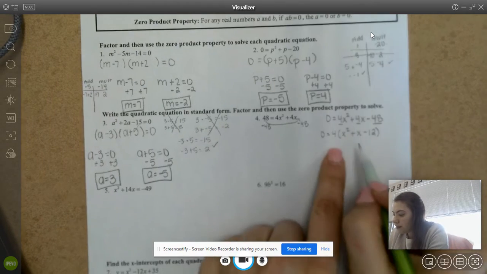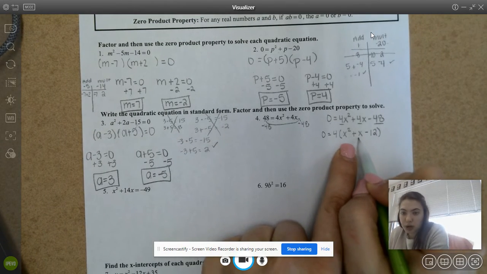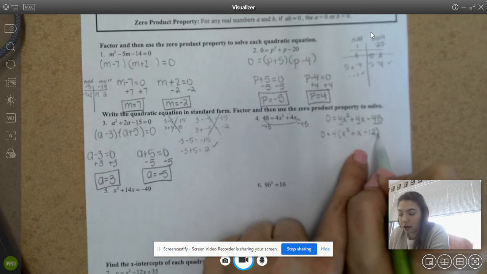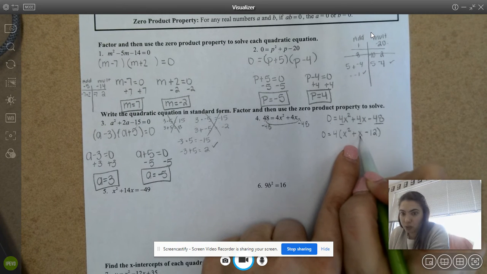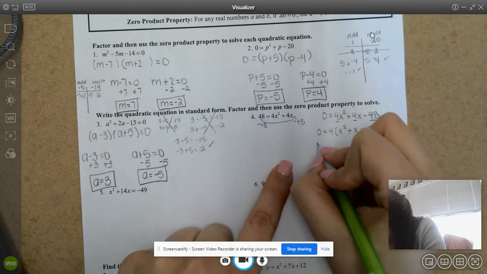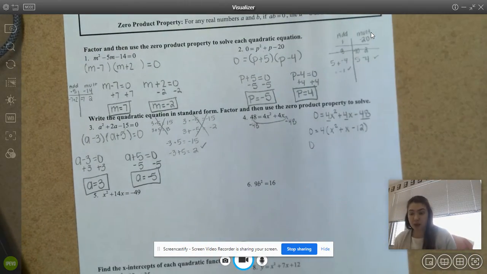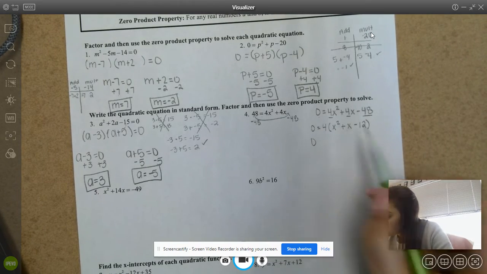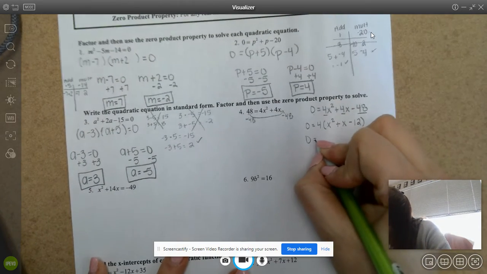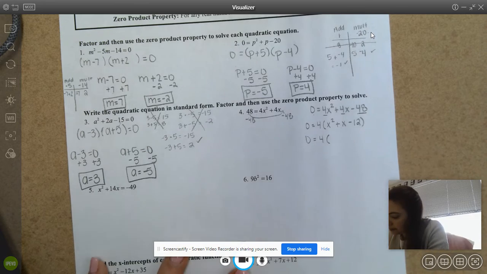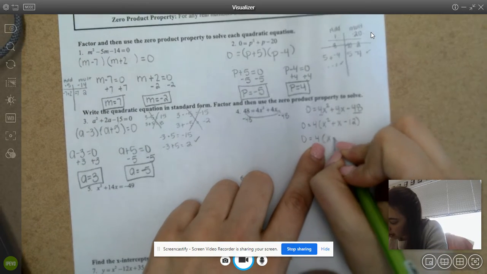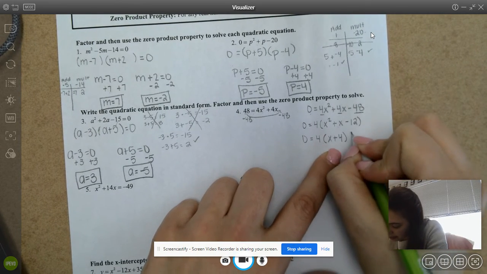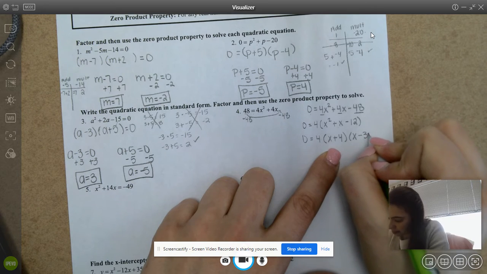Now, in order to factor, we are looking for two numbers that multiply to -12 and add to +1. Well, we know that 4 and 3 make 12, and we know that 4 and 3 have a difference of 1. So 0 is equal to 4 times x plus 4 times x minus 3.